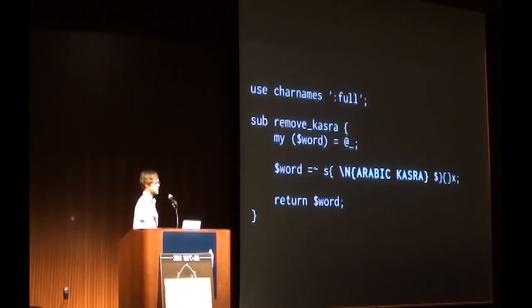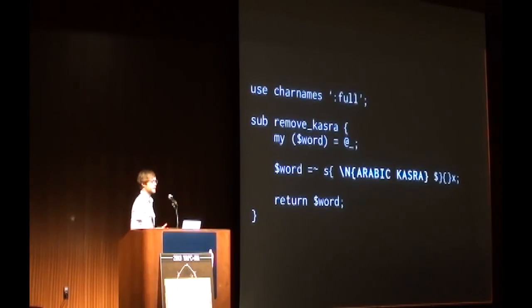That allows us to use named Unicode characters like Arabic kasra. This is a character that isn't a printing character on its own, but instead modifies the character that it's next to. And it doesn't have a display form that would be useful to us as a literal UTF-8 character.